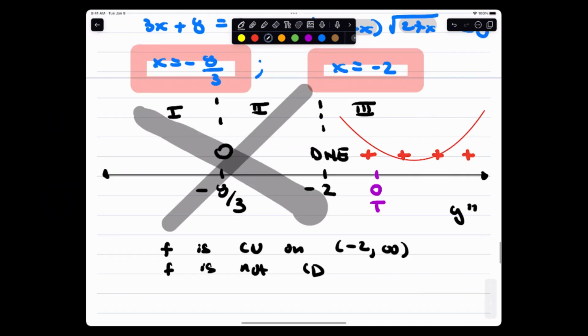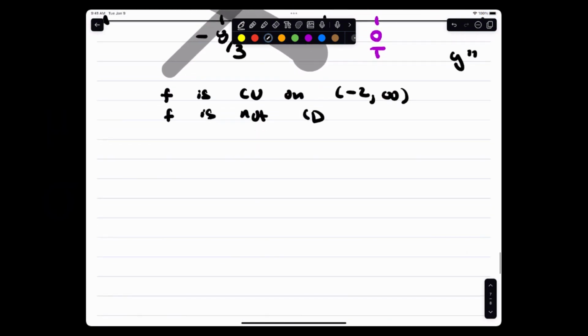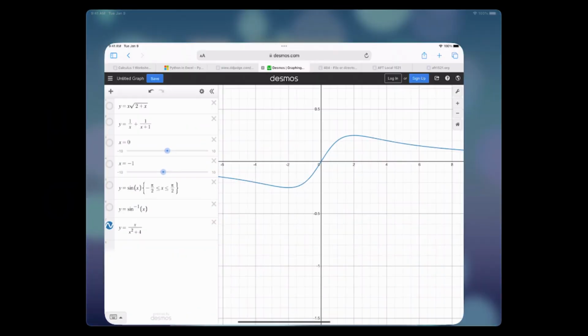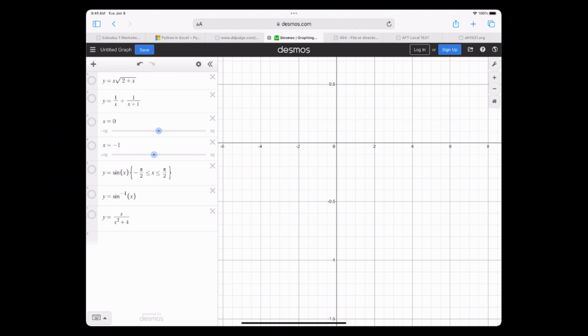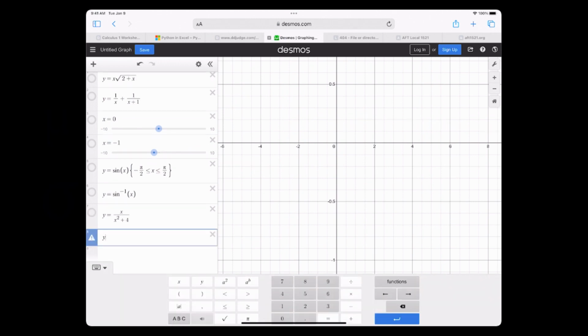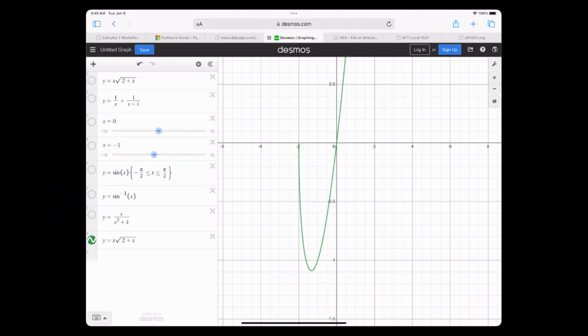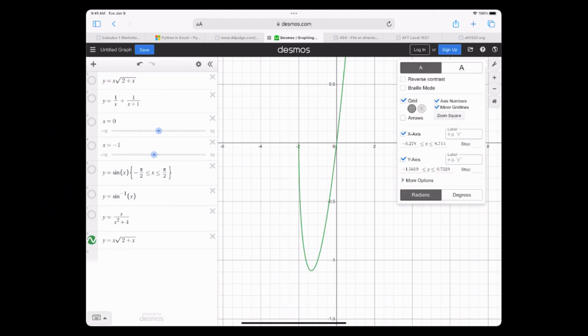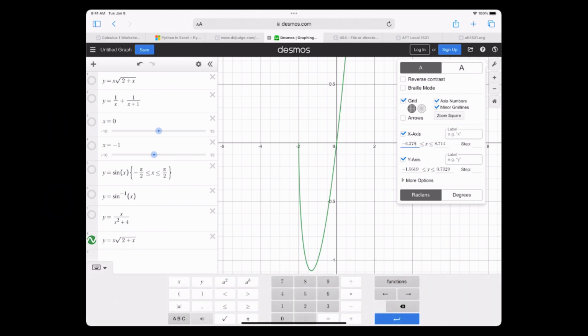Okay. So it's x over square root 2 plus x. So you say, well, what does Desmos say about all this? Y equals x square root 2 plus x. And let's change that. X is -2.